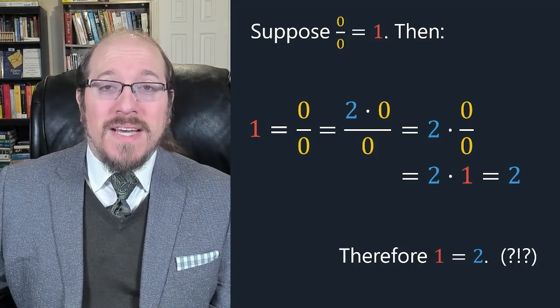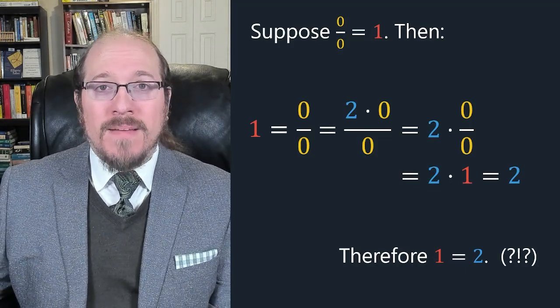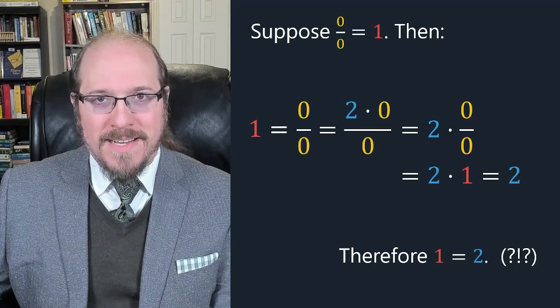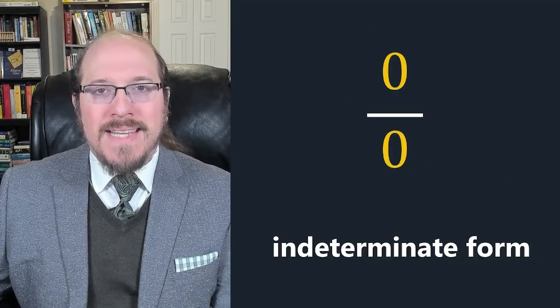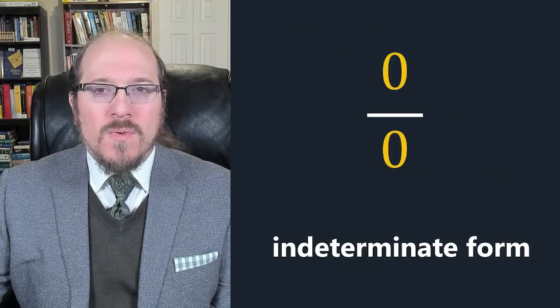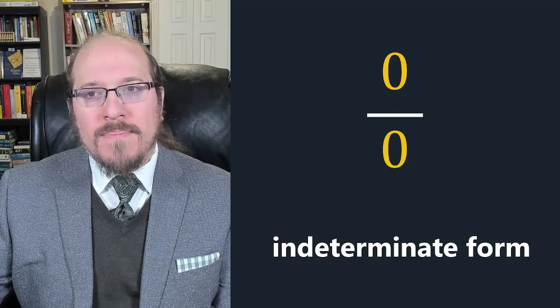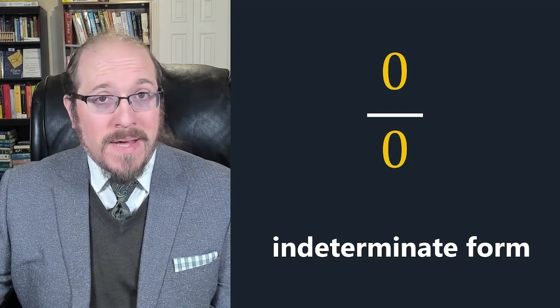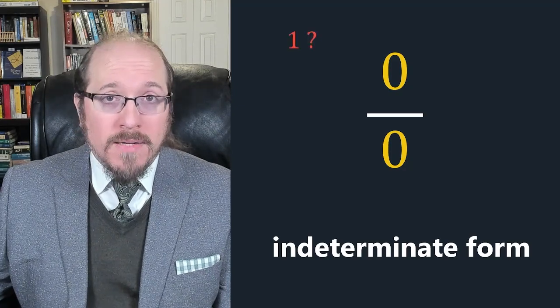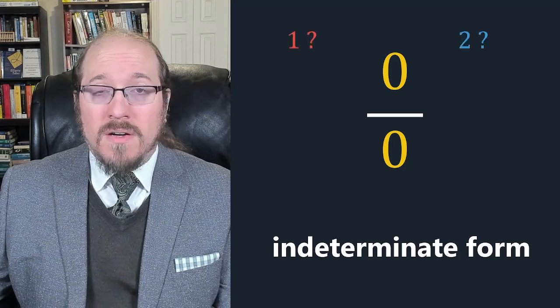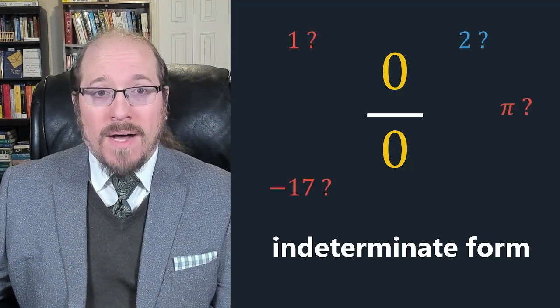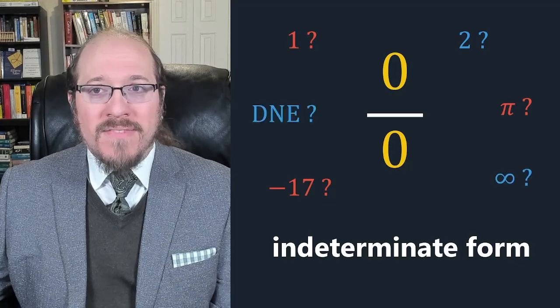It turns out that for this kind of reason, 0 divided by 0 is notorious in calculus. It's what we call an indeterminate form, because when you have a limit of the form 0 divided by 0, it could actually come out to anything. It could be 1, or it could be 2, or -17, or pi, or infinity, or maybe not even exist at all.